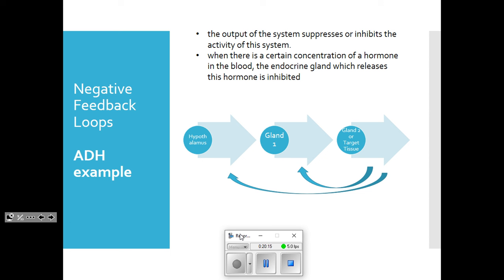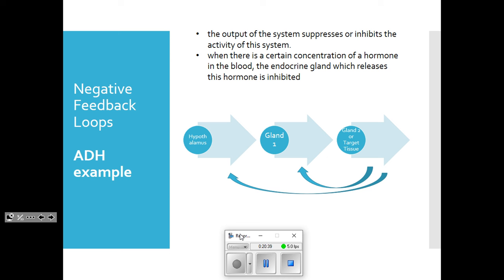Now this is a generic feedback loop, very general. But I'm going to use this to talk about ADH for two reasons. One, you need to know how ADH works. Two, you should have already heard about ADH, so it should be moderately familiar to you. And if it's not, well, this is me reminding you.